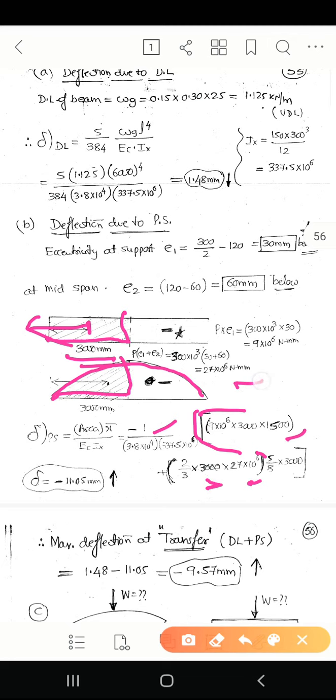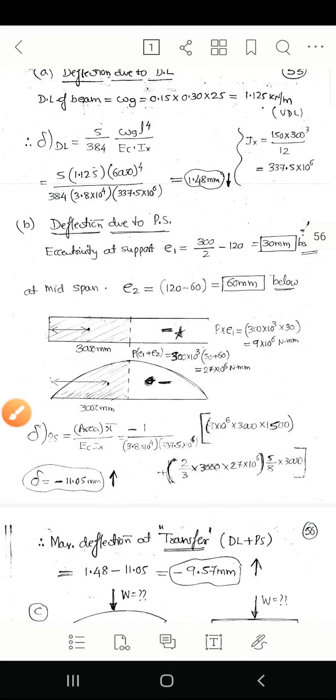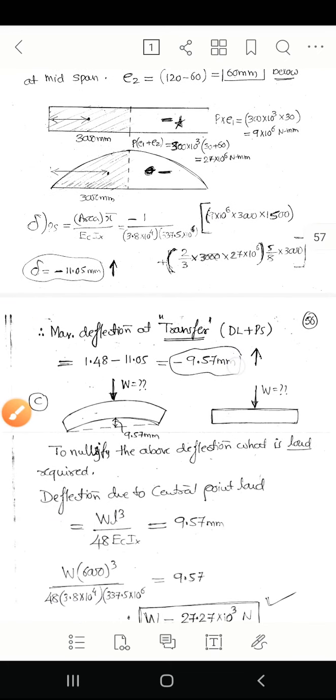Height is 27 into 10 to the power of 6 that we have calculated into the CG from center of this to the center of gravity towards the support is 5 by 8 of the length. 5 by 8 of the length is 3000 that we have substituted. So then we got the answer as deflection is equals to minus 11.05. So that is the deflection due to pre-stress and the deflection due to dead load is over.